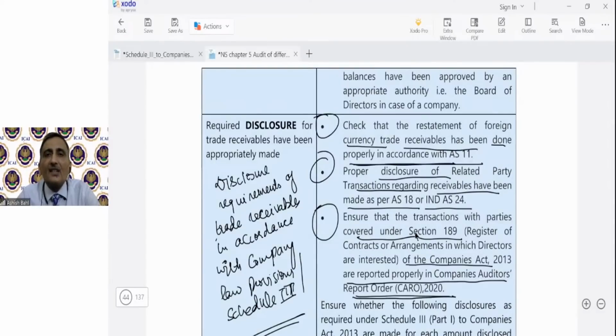Obviously, a sales transaction has resulted into creation of a debtor. So when we talk about a debtor, a trade receivable, we say whether trade receivable exists or not. So these are two different ways of saying the same thing. These are two facets, two aspects of the same coin.